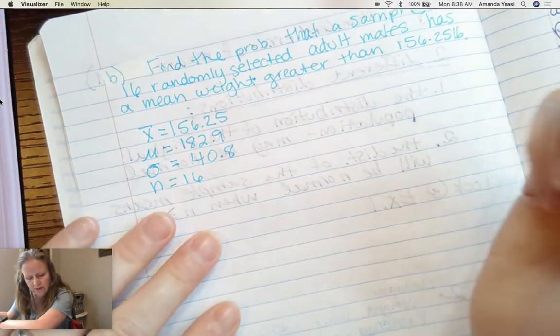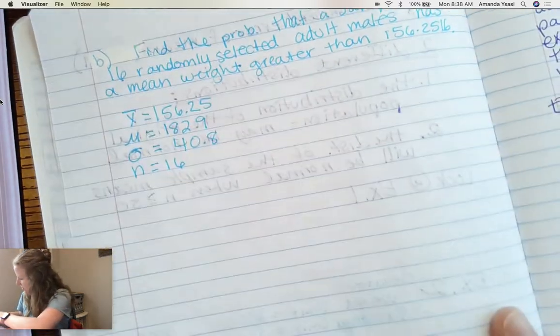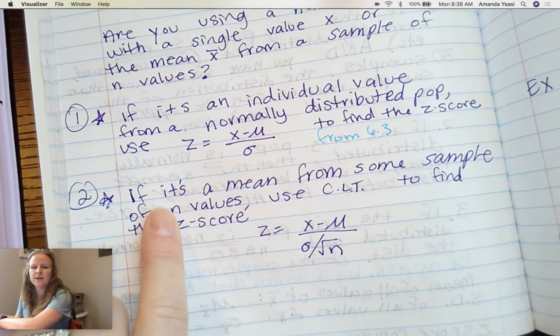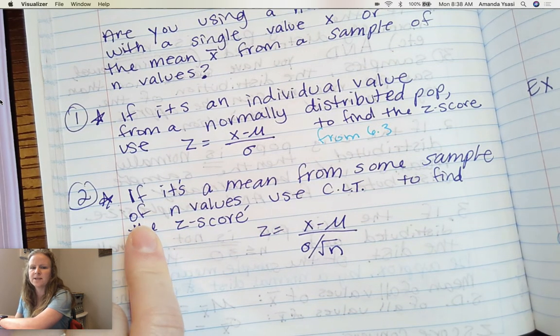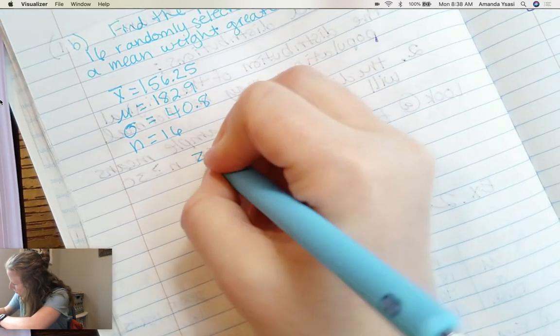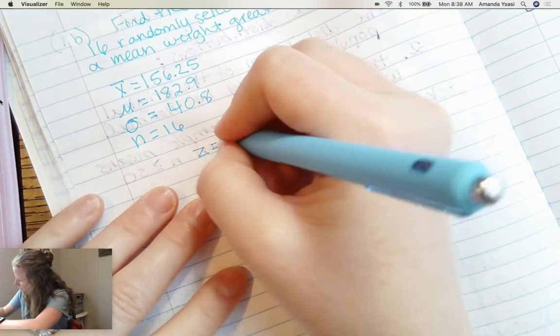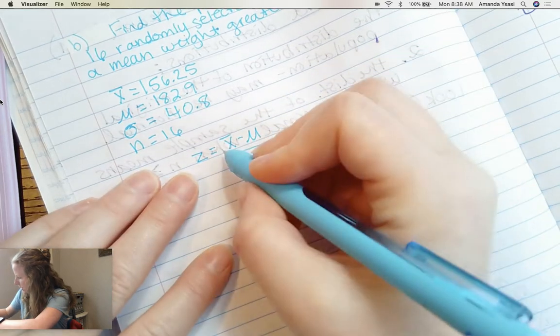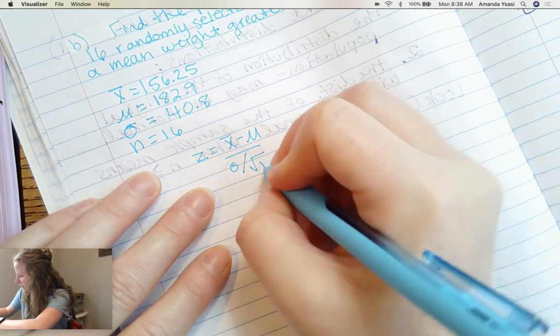So the central limit theorem tells us that we can use this other formula. So if it's a mean from some sample of n values, use the central limit theorem to find the z-score. So we are going to use the z-score where it's x bar minus mu over sigma over square root of n.